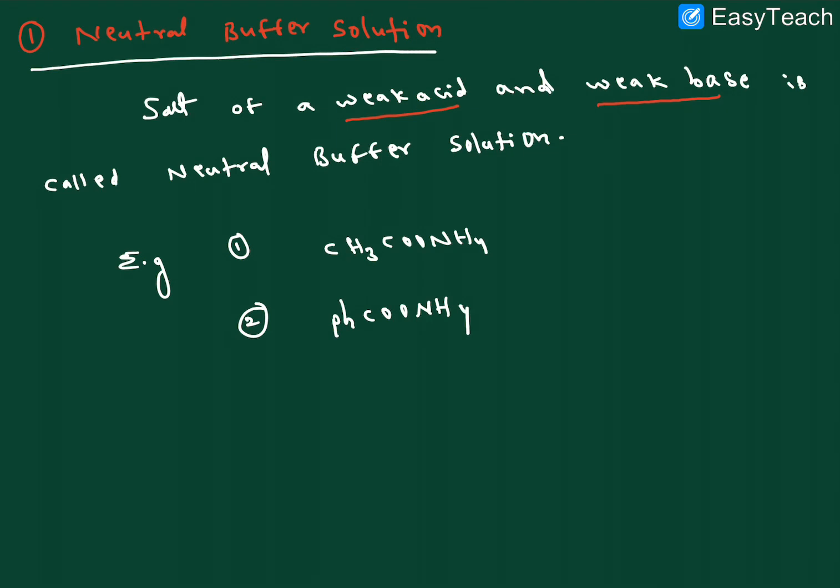For example, I am taking a weak acid and weak base. Generally we know the reaction here: acetic acid is a weak acid, it does not go to complete ionization, and along with that ammonium hydroxide is a weak base. These two react, forming ammonium acetate, CH3COONH4, and H2O is also formed.